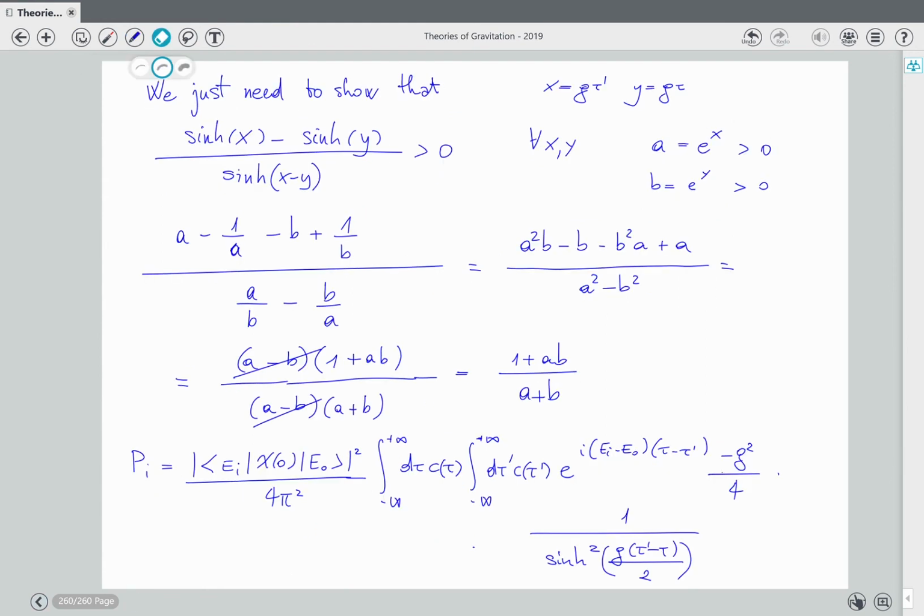That's crucial, because otherwise we don't know how to calculate with the residue theorem.